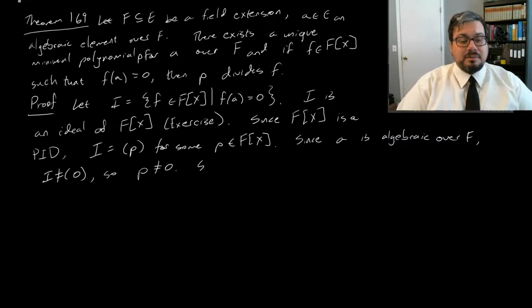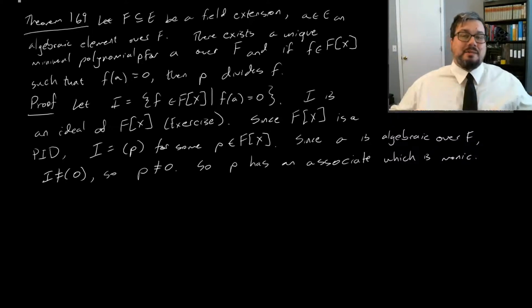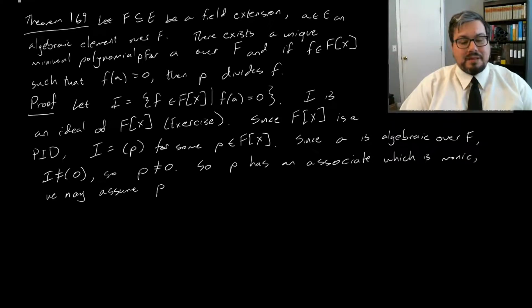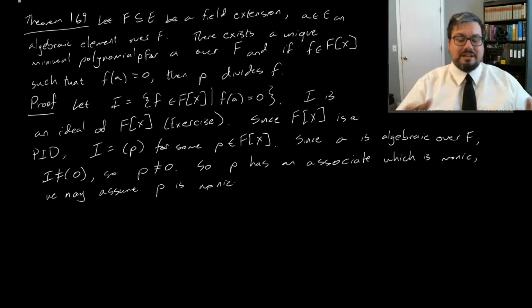In particular, this means that p has an associate which is monic. Basically, we can just multiply p by the inverse of its leading coefficient to get a monic polynomial. It will still be a generator of I. And so we may, without any loss of generality, just assume that p is monic to begin with, without changing any of the things that we've determined about p so far.